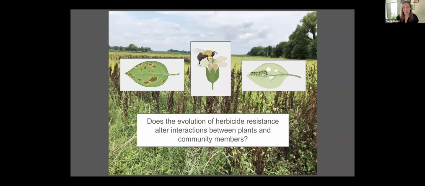So we began to wonder, does the evolution of herbicide resistance alter interactions between plants and other community members, as a result of the evolution of resistance itself, or the evolution of these traits that seem to be correlated with resistance? And so this is the next step of what my lab has been working on, and specifically thinking about herbivory.